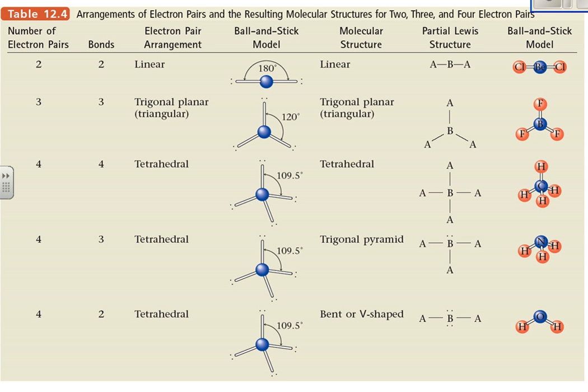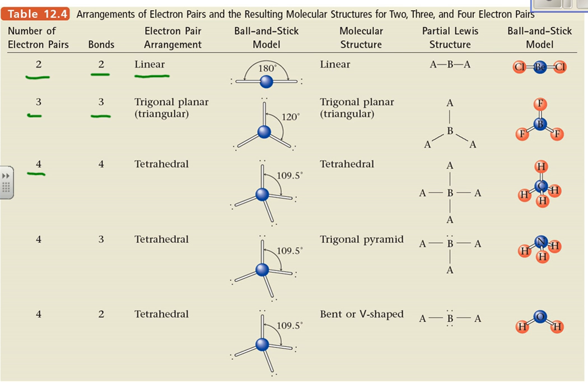Here's a summary of all the different shapes up through 4 electron domains. So you can see that we have our two electron pairs in which both are bonds, and we get our linear molecule. 3 electron pairs where all 3 are bonding pairs, and so we get our trigonal planar molecule.